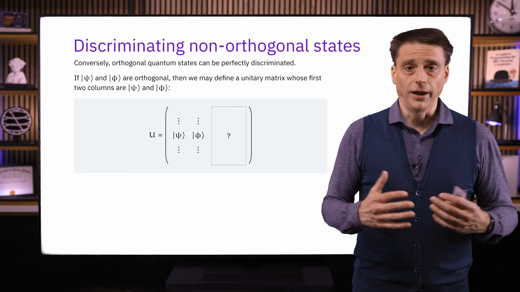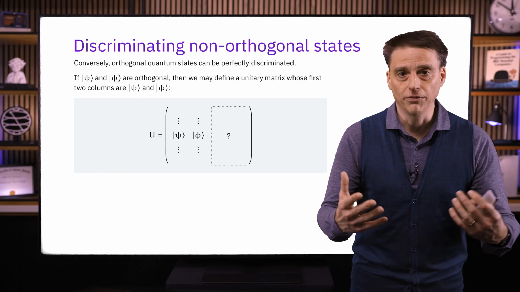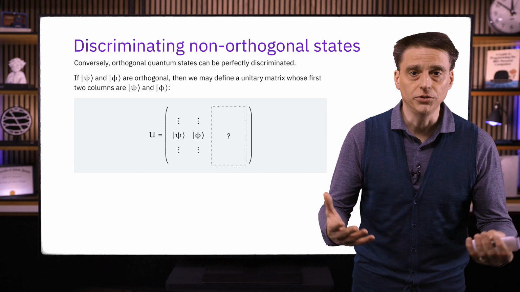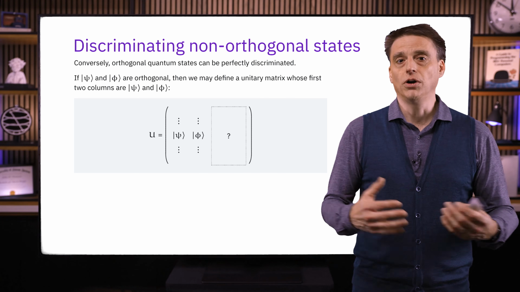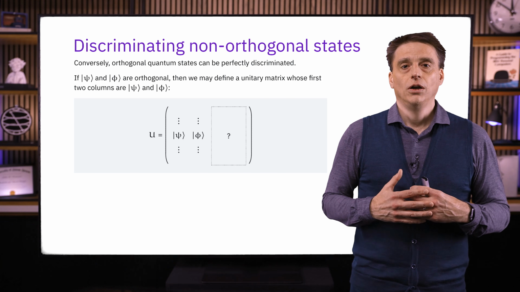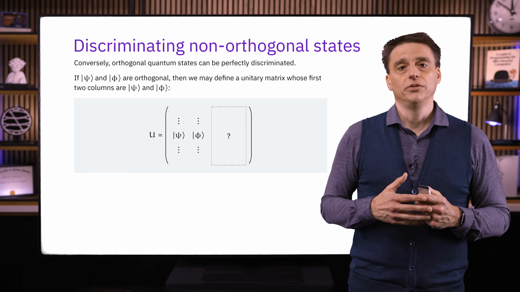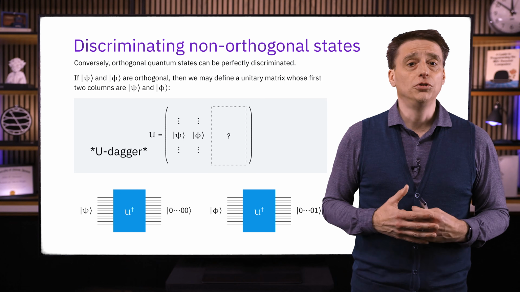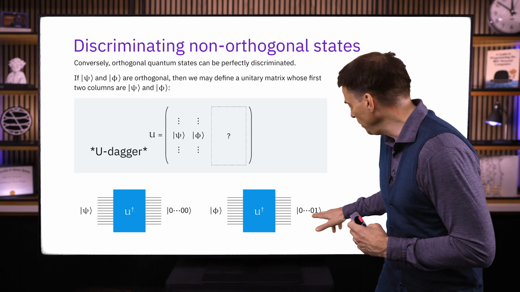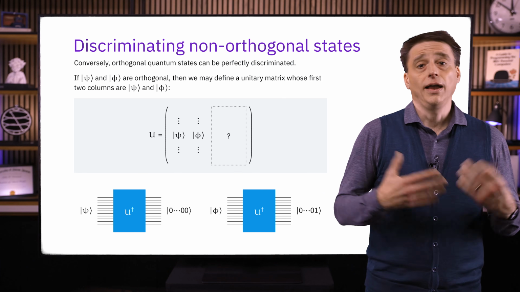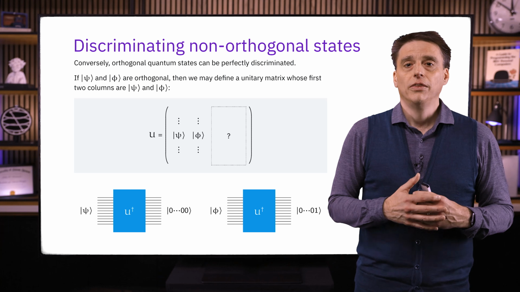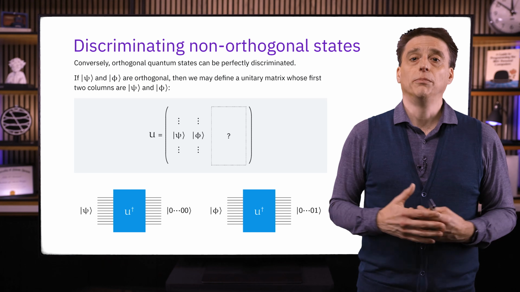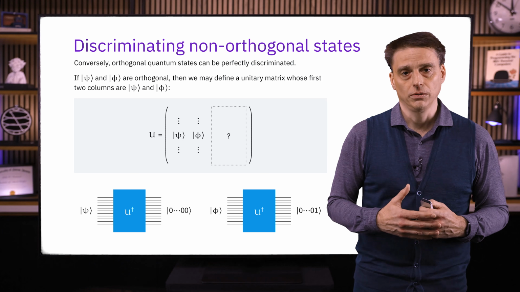We know that it's always possible to do this, and it doesn't matter for the sake of this task exactly how this unitary matrix is chosen. All that's important is that these are the first two columns. We don't need any additional qubits. If we simply apply U to the two possible states, then we'll get these two possible outcomes. And if we measure the topmost qubit, which remember is the rightmost qubit, then we'll get a 0 or a 1 depending on which state we started with.